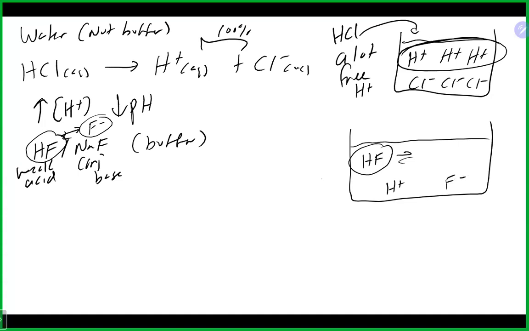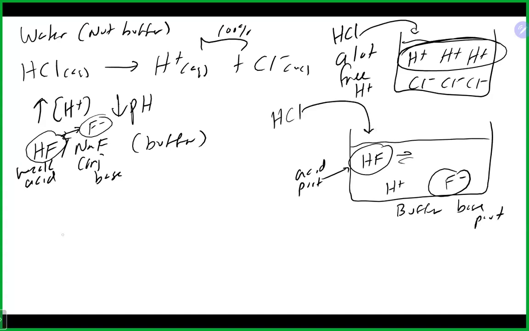So as we talked about, you will end up here in the buffer solution with an acid part and a base part. So now when you take the same HCl and toss it in there, it is actually going to go through a little reaction.